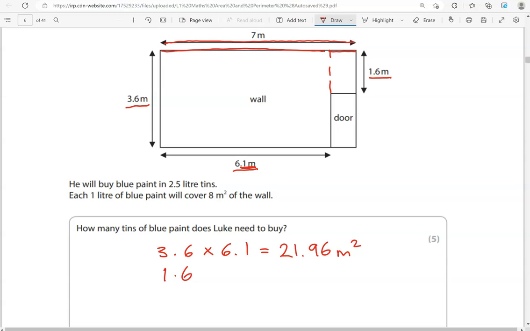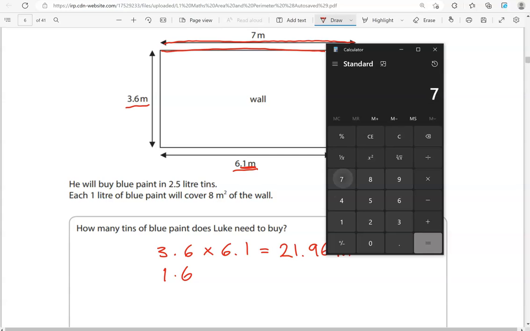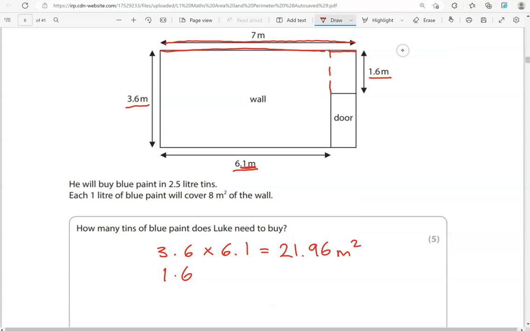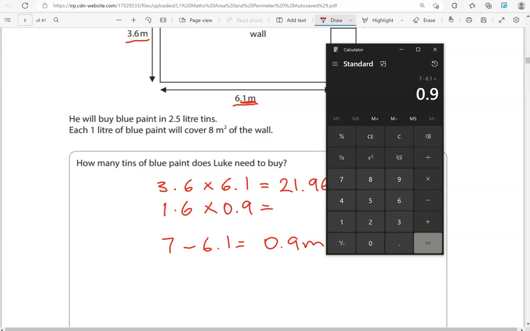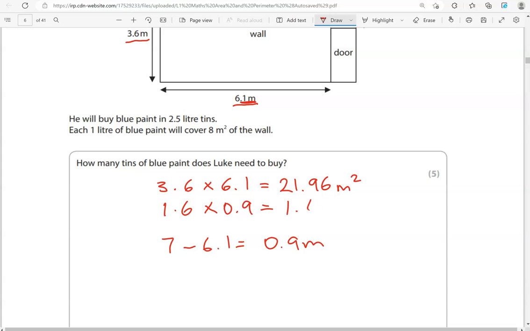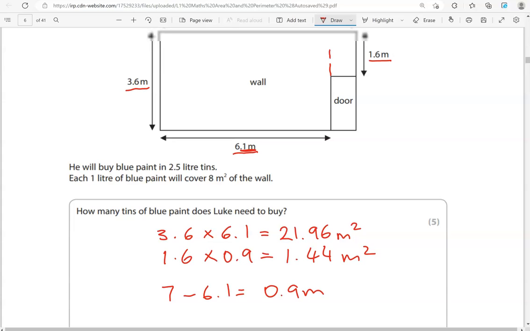So 7 take away 6.1 gives me 0.9 meters. So 1.6 times 0.9, which is 1.44 square meters.